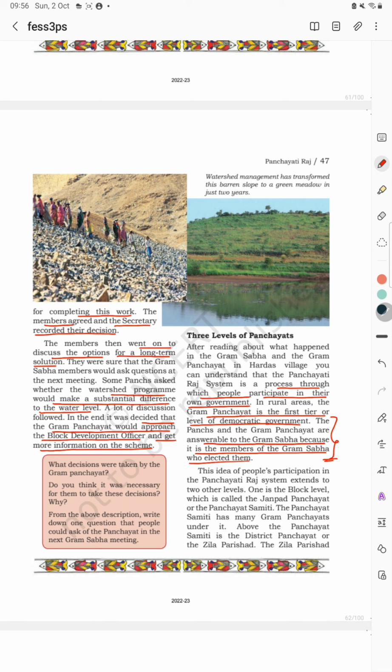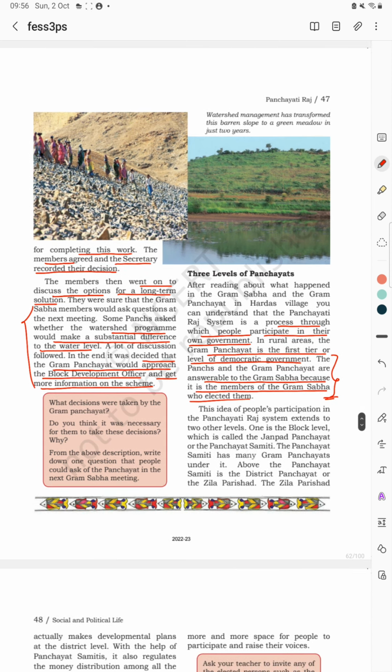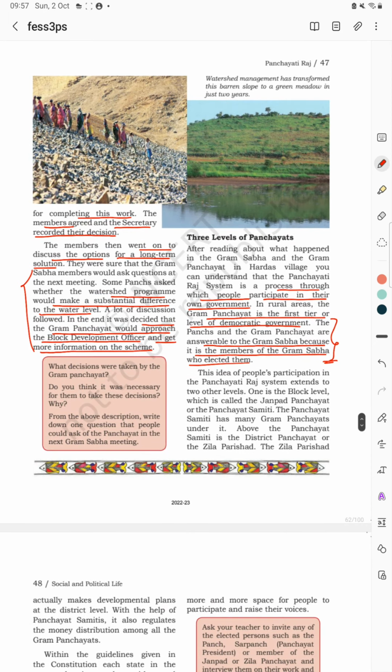So we have seen here they were concerned that the members of the Gram Sabha will ask questions in the next meeting about the problem or the long term solution on the water and water scarcity. So they are answerable to Gram Sabha because they are the members of Gram Sabha.